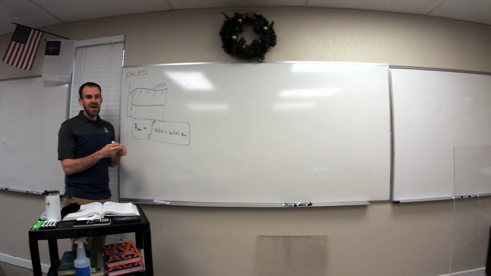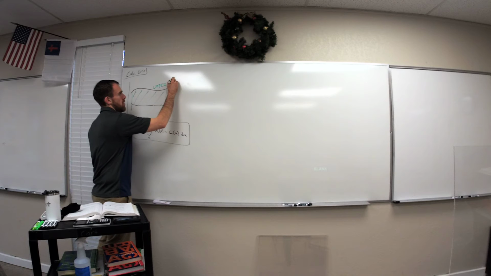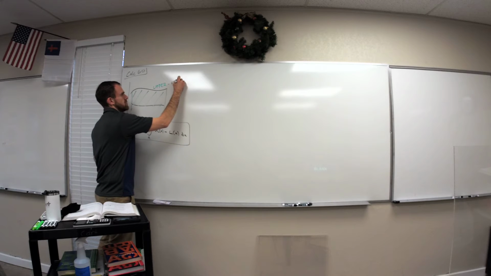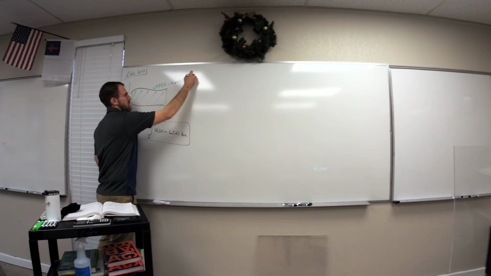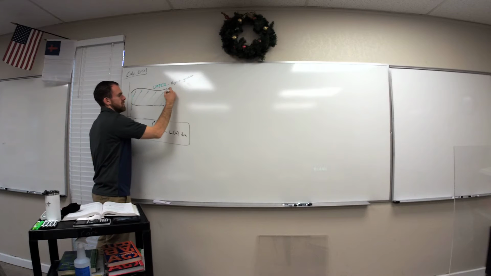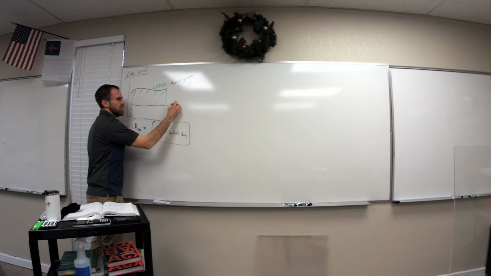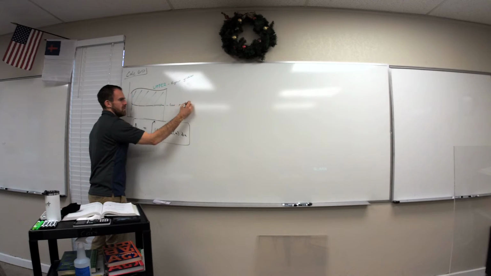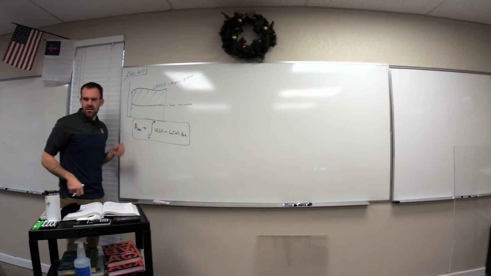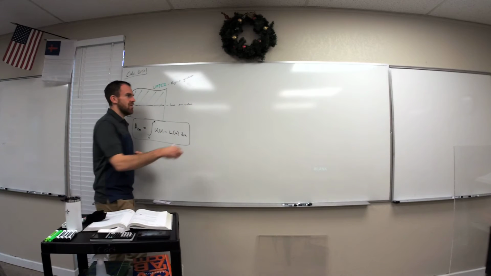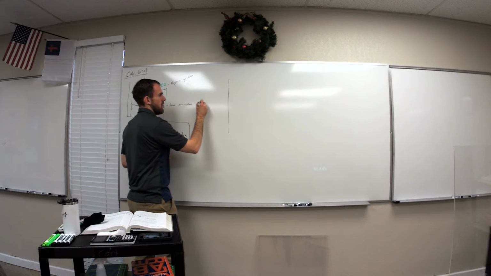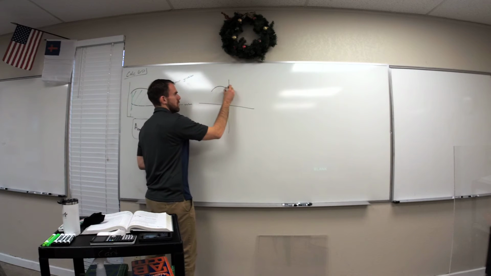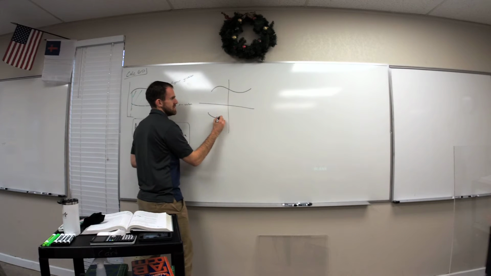Okay. What does upper mean? It means it has a higher y value. And what does lower mean? It has a lower y value. Now, some students get all tricked out, like if the function is up here, and then this one's down here.